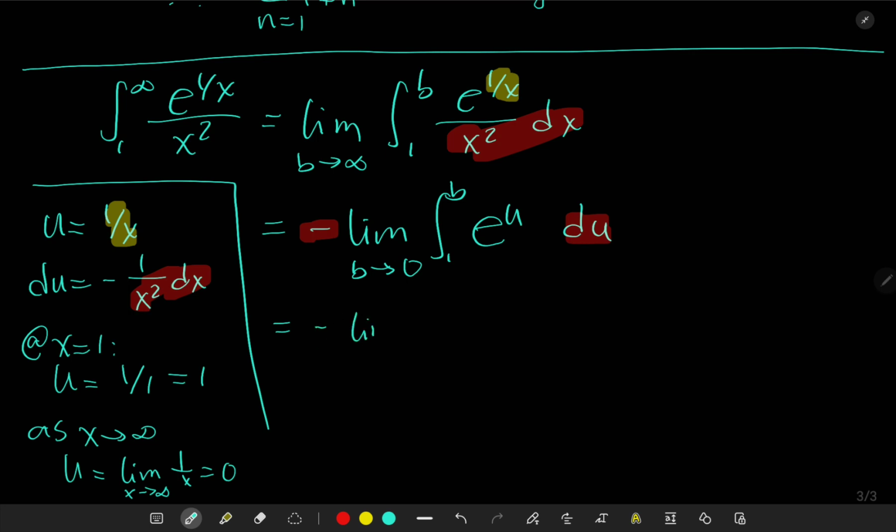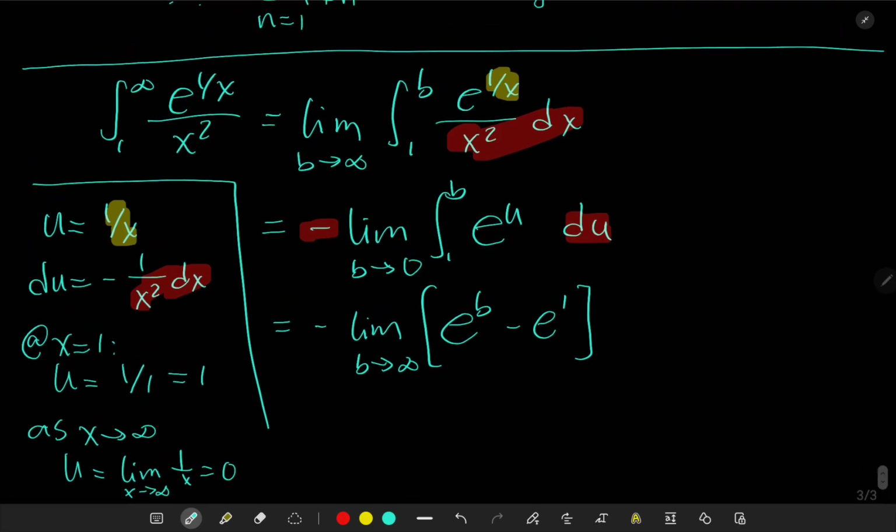So negative limit as b goes to 0 of, now the integral of e to the u is e to the u. So we get e to the b minus e to the 1. Let's just evaluate it. Now as b, I did this in the Zoom session as well, b goes to 0.